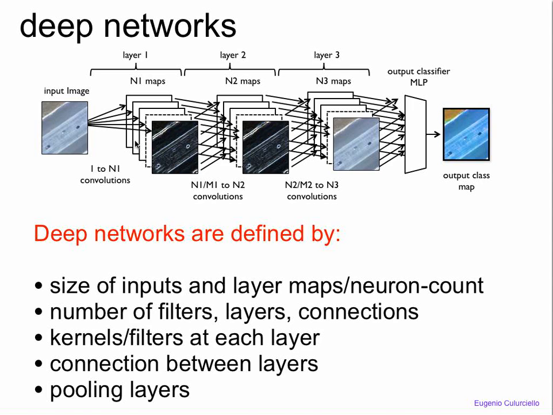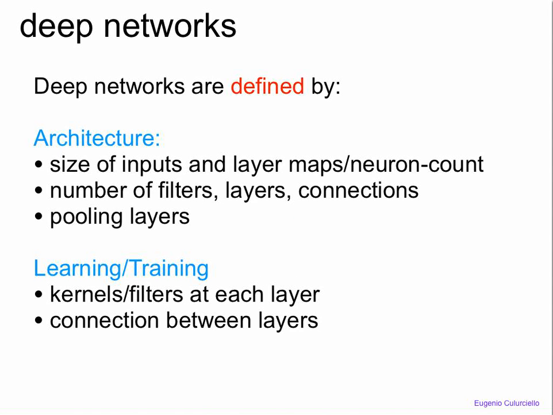You also want to specify the connections between these layers, so how are these things connected? And you also want to specify the pooling layers, and what kind of filters or learning techniques you want to use, which we talked about a little in the previous lectures. So deep networks, if you think about it, are basically defined by some kind of architecture.